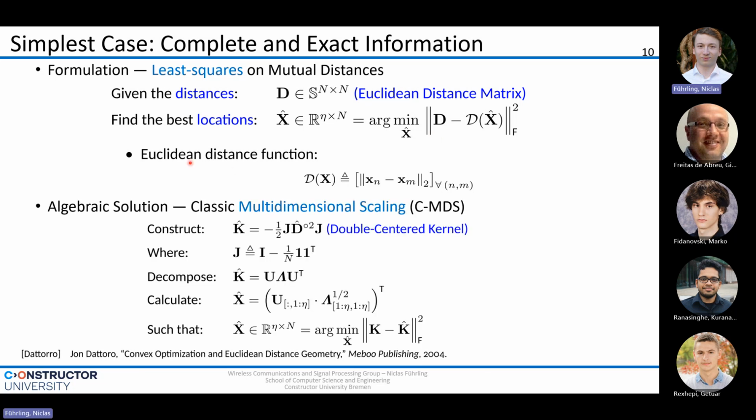And how this is done algebraically: first, you want to construct the double-centered kernel, which you can do with the measurements that you have. Then to find X, the positions of all the nodes, you can simply decompose the kernel and then solve the problem such that it also follows this optimization problem. This was the MDS example, and now we will move on.